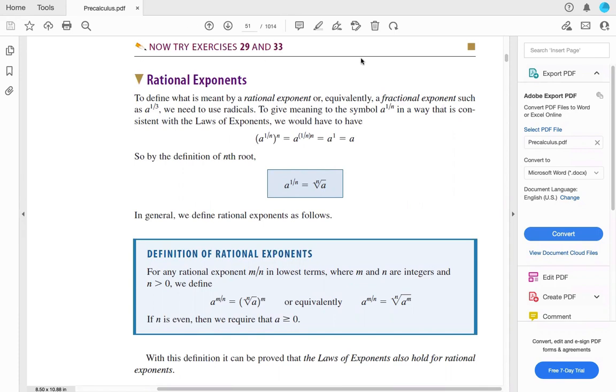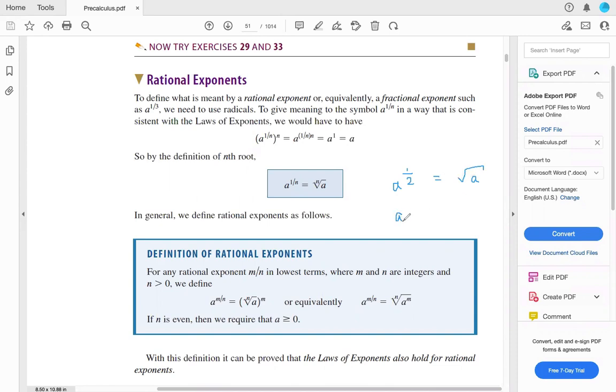What you need to know is that a raised to the 1/2 equals the square root of a. The 2 here is the root index, but we don't write the 2 because it's not necessary.